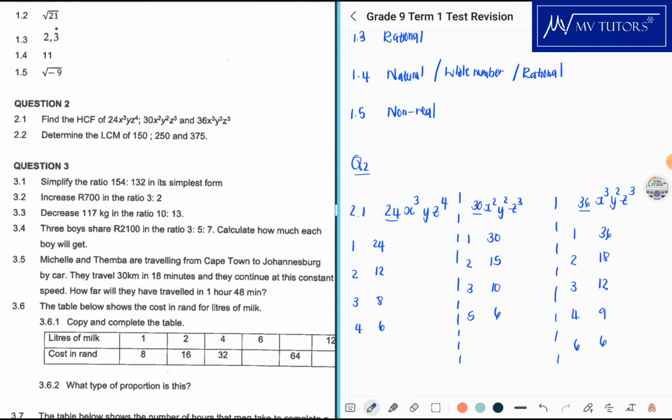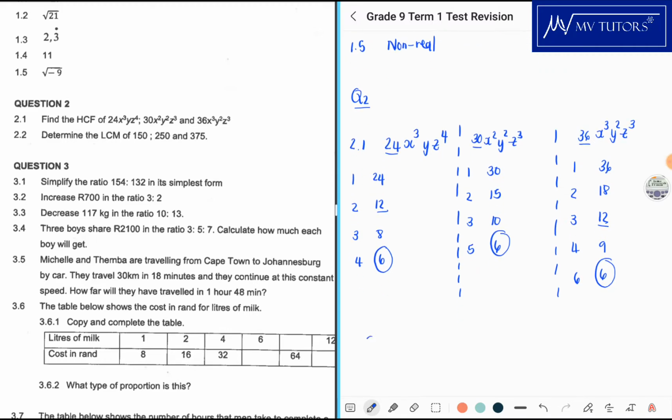So what is the highest common factor here? Without even looking very far, I see 6 as the highest common factor. Check again. There's 12 here, there's 12 there, but there's no 12 in 30. I think that's it. 6 is the highest common factor. So at least we have our whole number 6. Now let's go with x.